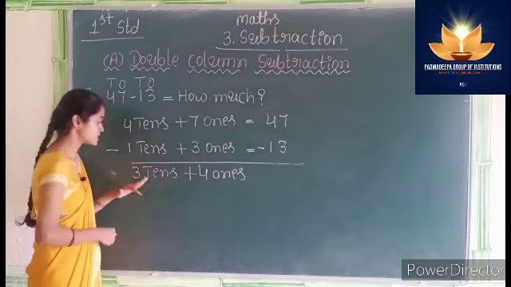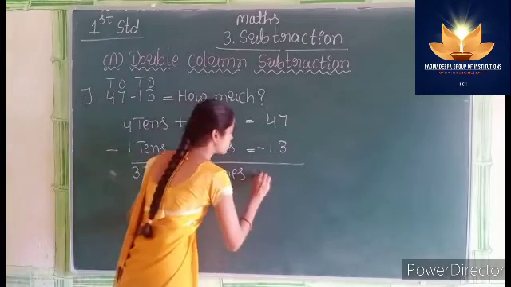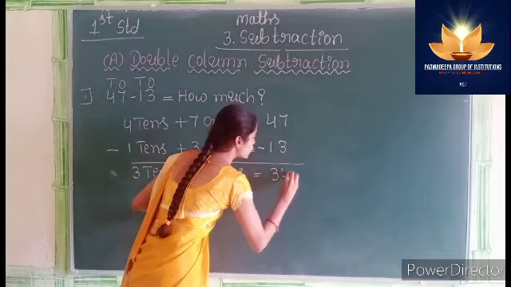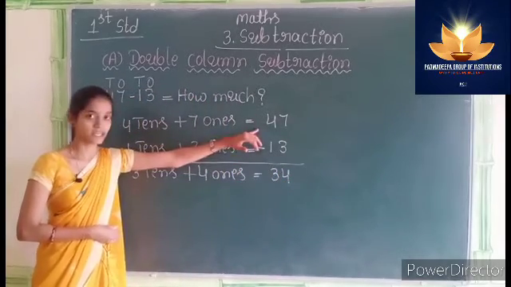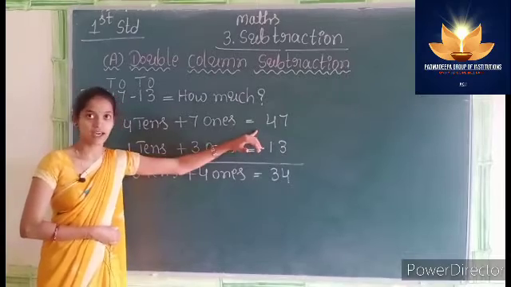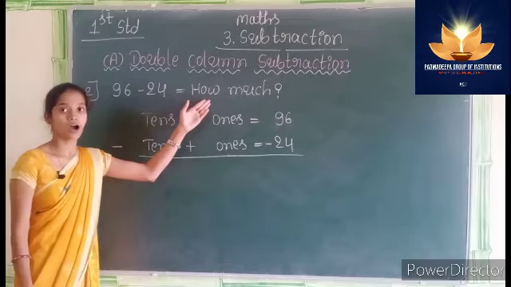We get 3 tens and 4 ones. That means we get 34 after subtracting 13 from this 47.